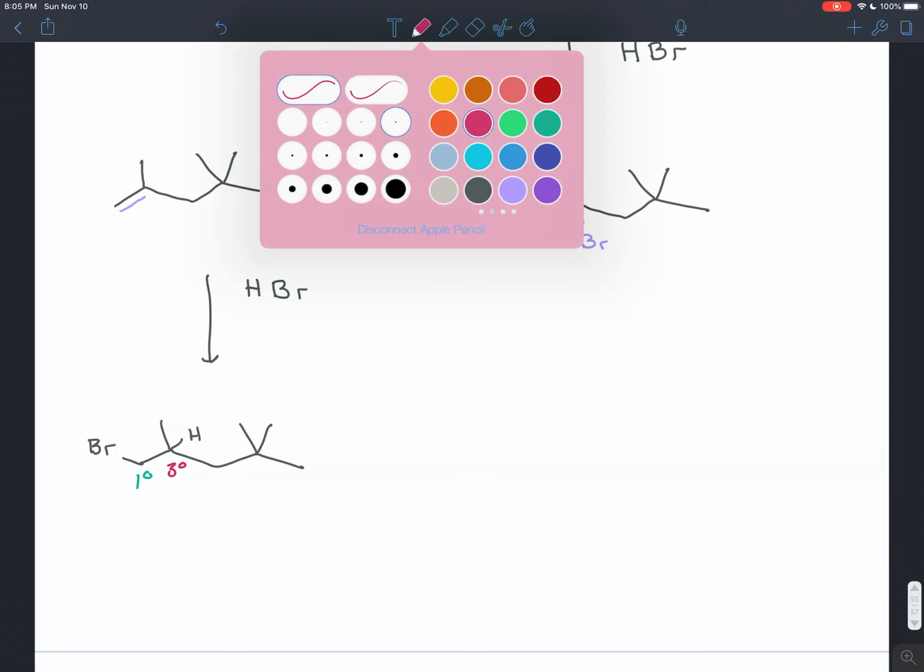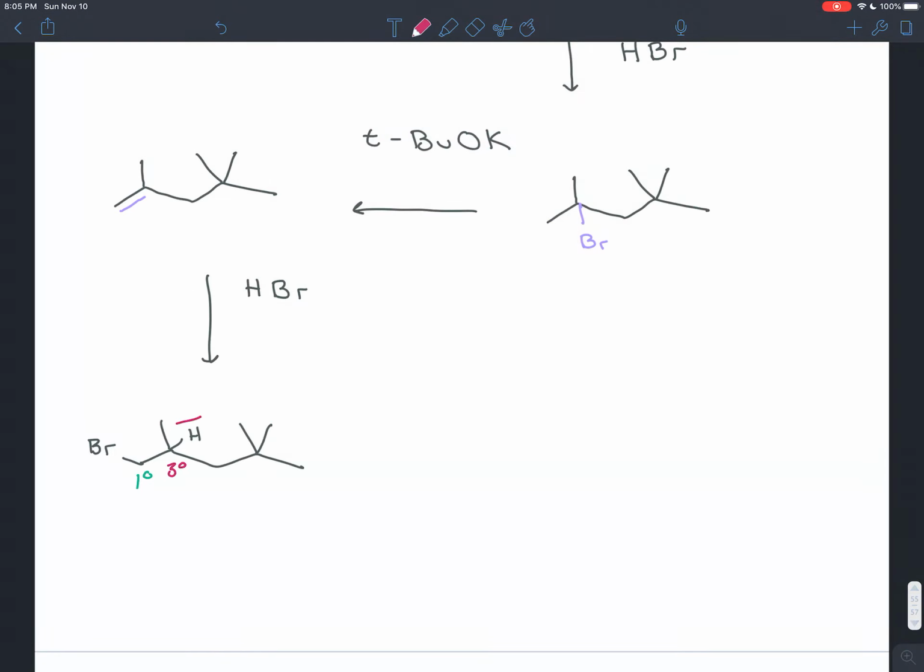In other words, the hydrogen went on the more substituted carbon. That is anti-Markovnikov addition. To create anti-Markovnikov addition, you have to add a peroxide, ROOR, to that hydrohalogenation. And so that is your product. That's how you get your final product.